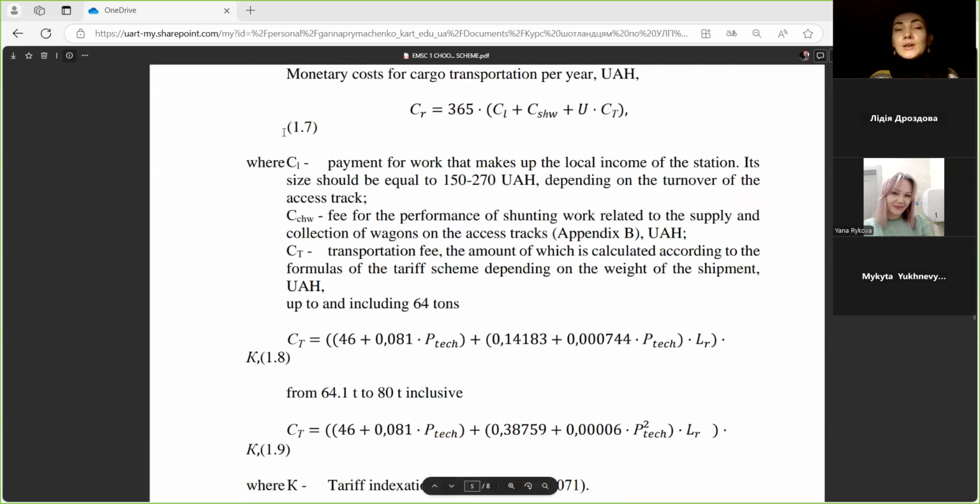We could read this information. It is payment for work that makes up the local income of the station. Its size should be equal to 150 to 170 hryvnias, depending on the turnover of the access track.